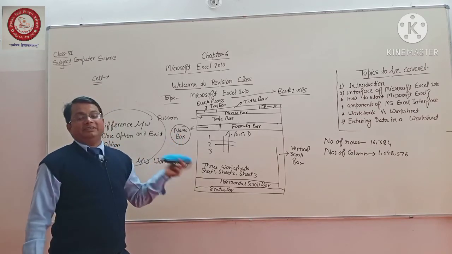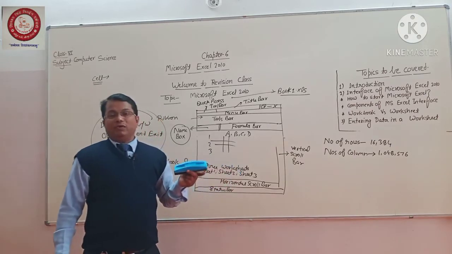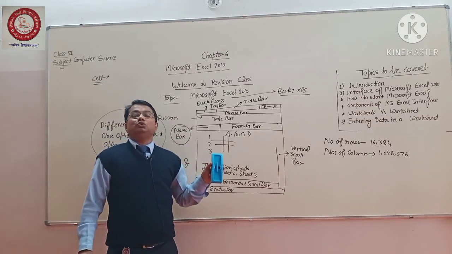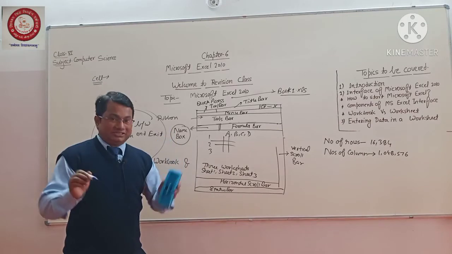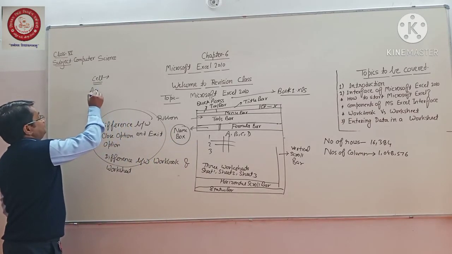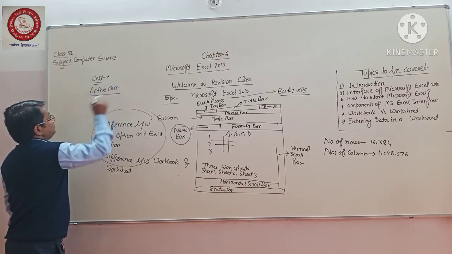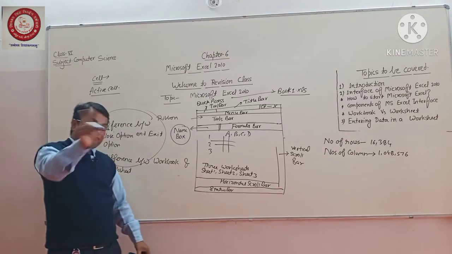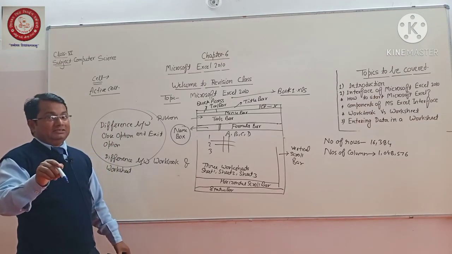So what is name box? Name box is a place where you are able to see the address of the active cell. Now the question arises here, what is active cell? Or maybe one more question, what is the difference between the active cell and a cell?